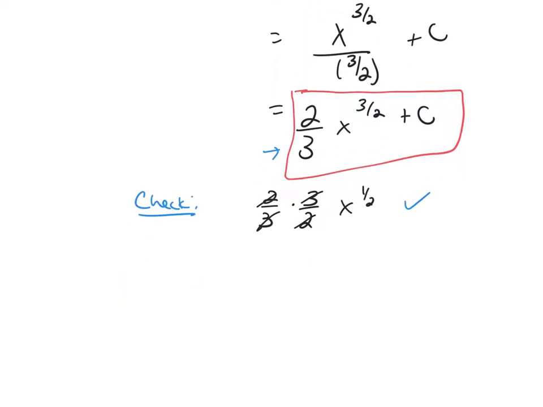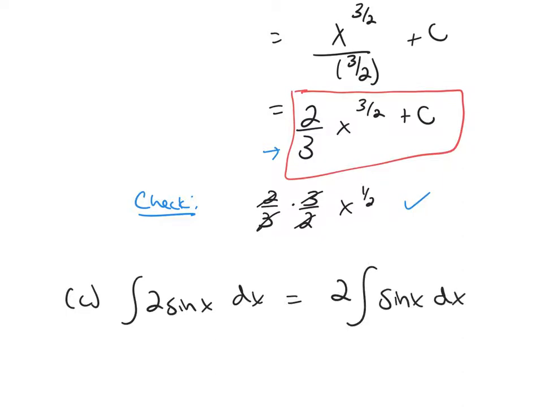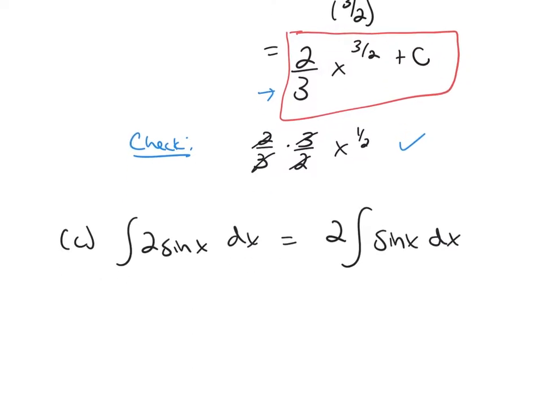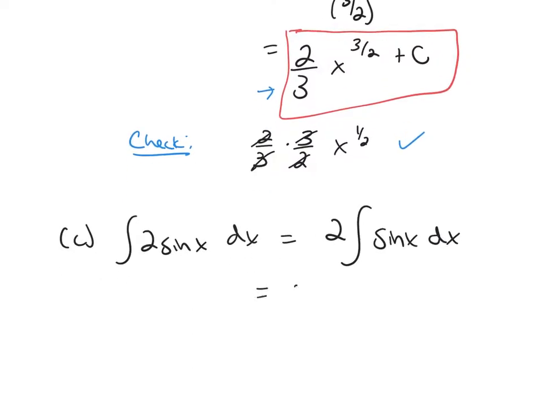All right, and then let's look at another one. The integral of 2 sine x. So remember, you can pull this scalar 2 out in front, and the integral of sine is negative cosine plus c. So it'll be negative 2 cosine x plus c.